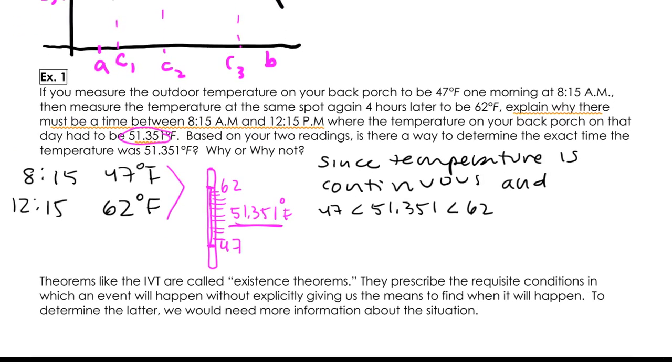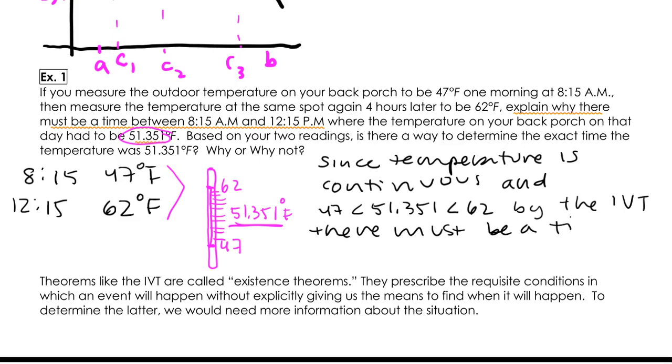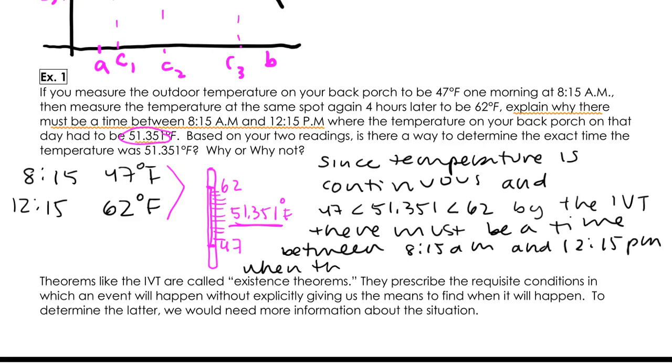So since we have continuity and the 51.351 is sandwiched between the 47 and the 62, we can say by the intermediate value theorem, by the IVT, there must be a time between 8:15 a.m. and 12:15 p.m. when the temperature was 51.351 Fahrenheit. That's what that is.